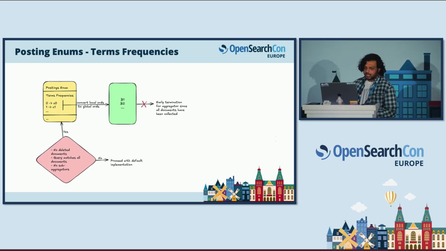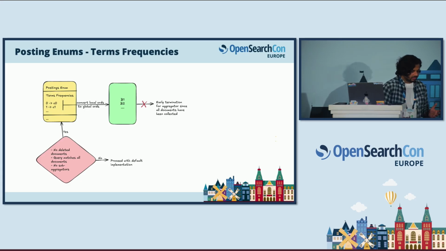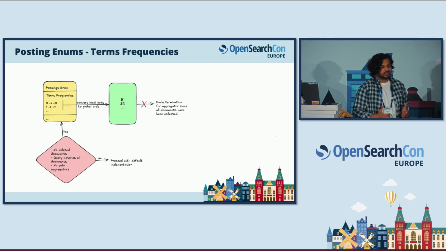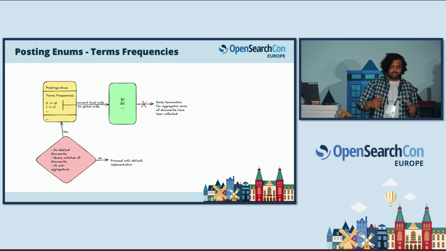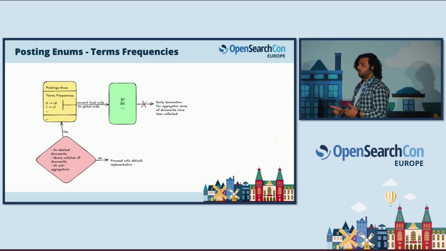So in our aggregation workflow, we introduced checks that the query should match all documents within the segment, and there should be no deleted documents. All the Lucene data structures that we maintain, whether it's point trees or posting enums, don't take deleted documents into account.